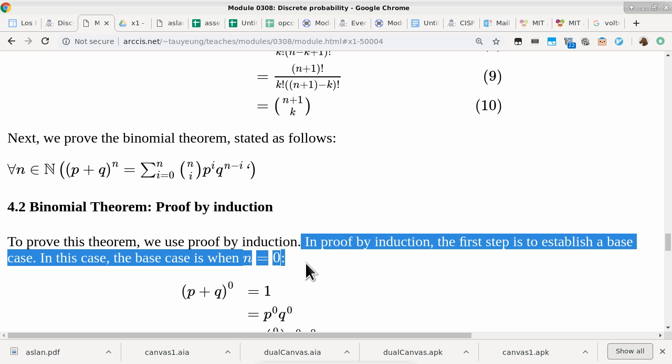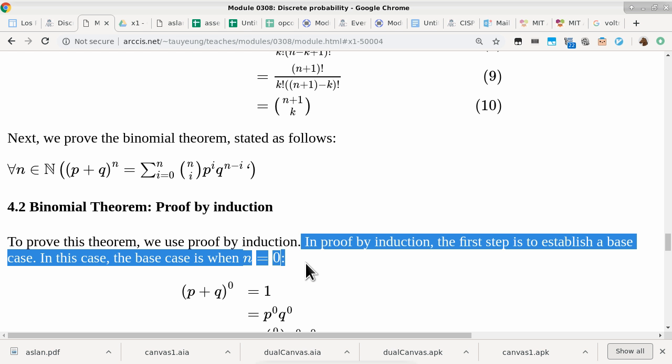And we all know anything to the power of 0 is 1. Okay, cool. But the theorem is not proven yet. Okay? Because what you need to do is to say, can we express that as that thing? So now in this case, because n is 0, I goes from 0 to 0, and we are looking at 0 choose 0 times p to the power of 0 times q to the power of 0.